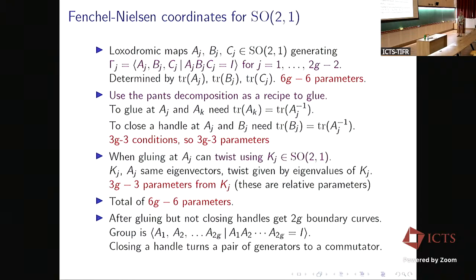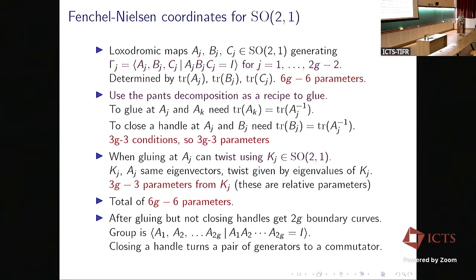And again, just to remind you, gluing means that A prime should be conjugate to A inverse. So in other words, AK should be conjugate to AJ inverse. And similarly, when closing a handle, BJ should be conjugate to BJ inverse. That's a condition on their traces, just a simple linear condition.